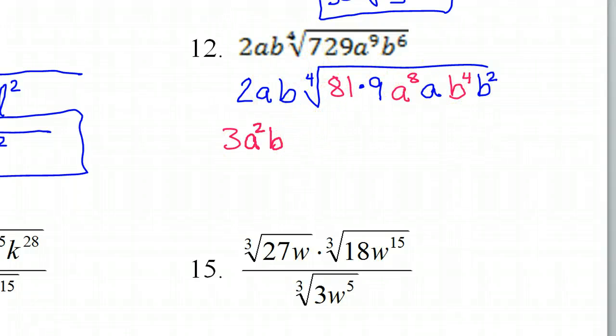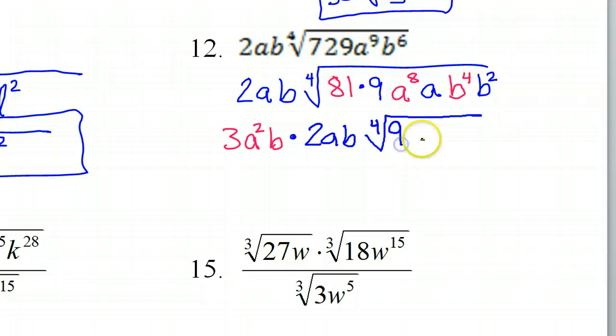Now the blue stuff, I'm just going to copy it down the way it is. So this is like times 2ab times the fourth root of 9ab squared. All I have to do is multiply this stuff in the front together, and then I'll be done.